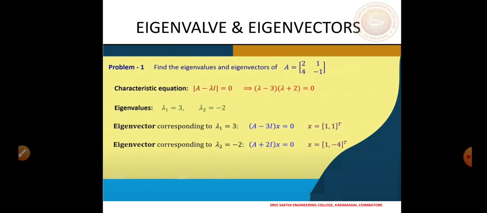This is simple because the matrix easily gives the reduced echelon form. Row reducing, the first row is minus 1, 1, and we multiply it by 4 and add it to the second row, which gives 0, 0. That is the row reduced form of this matrix. From here we can easily identify the solutions.